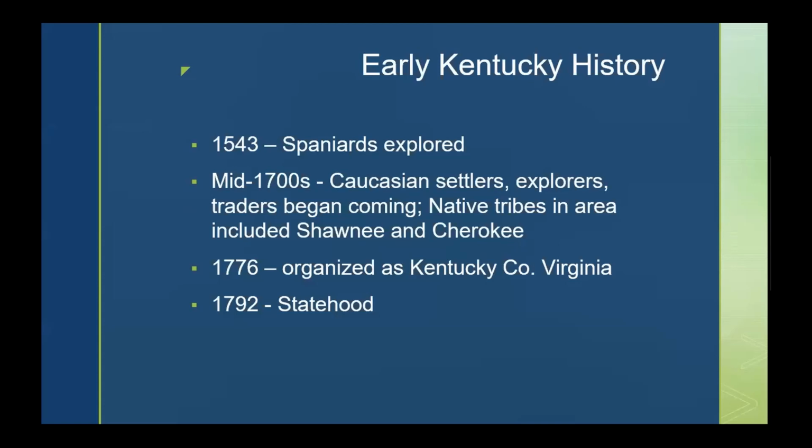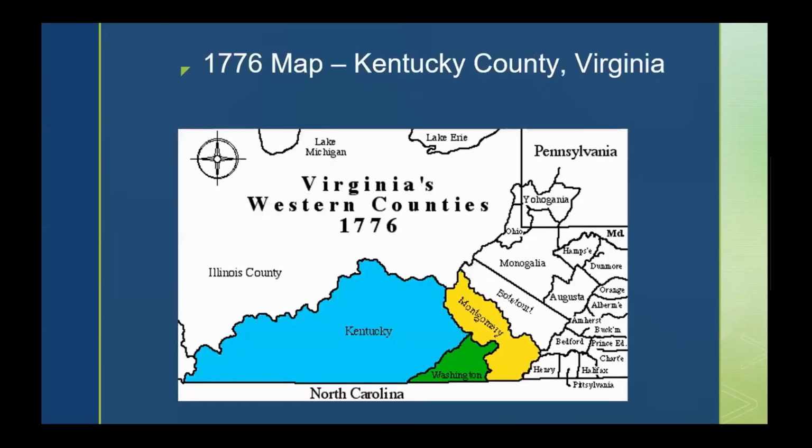And then in 1776, it was organized as Kentucky County, Virginia. And so it's part of Virginia for a while. So if your people were there that early, you need to probably look in Virginia records. 1792, statehood for Kentucky.